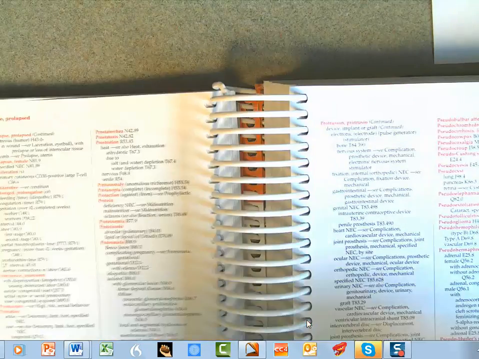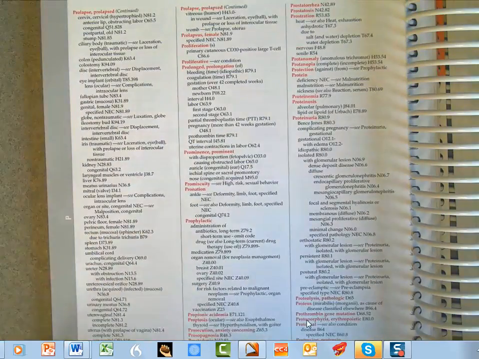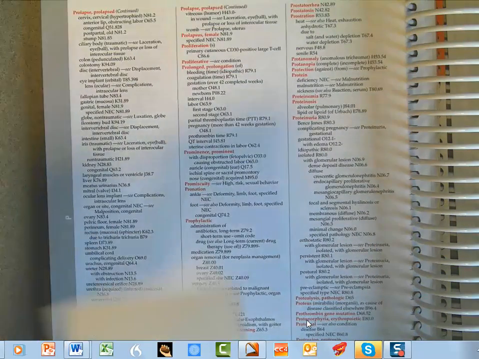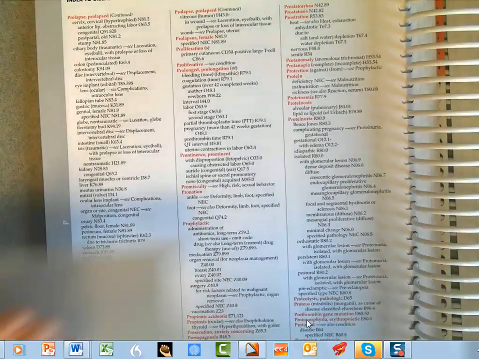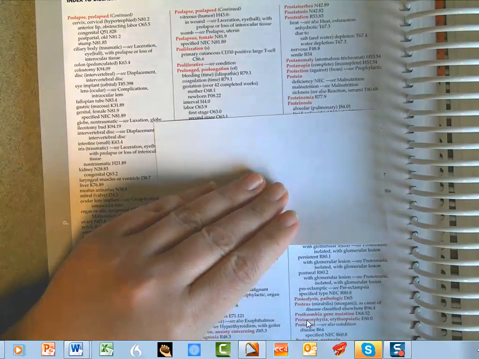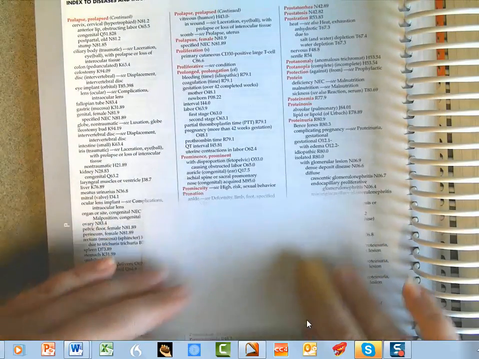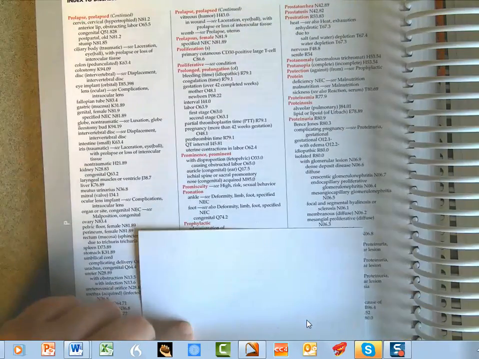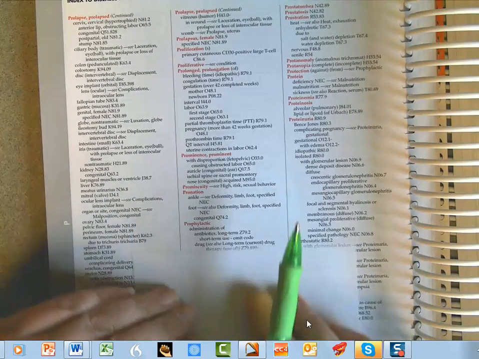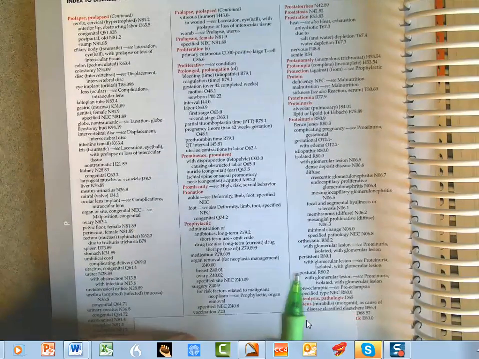And it's handy to use an index card when you're first starting out because you don't miss anything, okay? All right, so prophylactic, here we go.